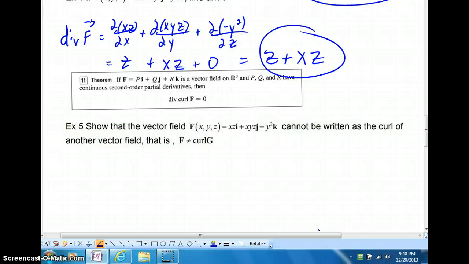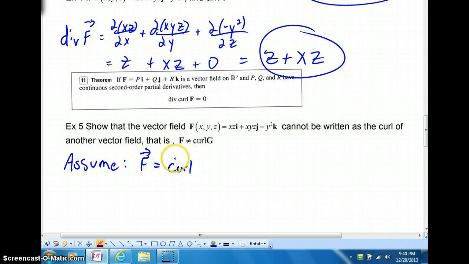That is, vector field f really could never be the curl of some other vector field g. Well, they're saying, show that that's the case. Well, this is called a proof by contradiction. Let's assume the opposite just for a moment, and we did this even in AGT, accelerated geotrig.